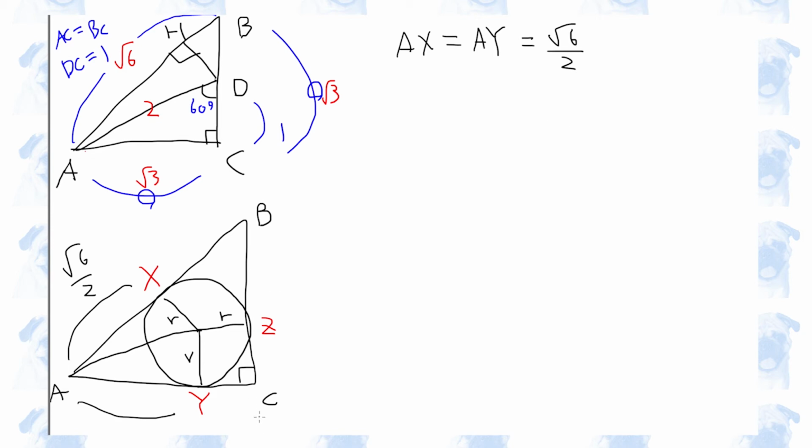So this means CY here is AC minus AY, and AC is root 3, and AY is root 6 over 2. And because AC and BC are tangents to this circle, we know that this angle here is 90 degrees, and so are these two angles.